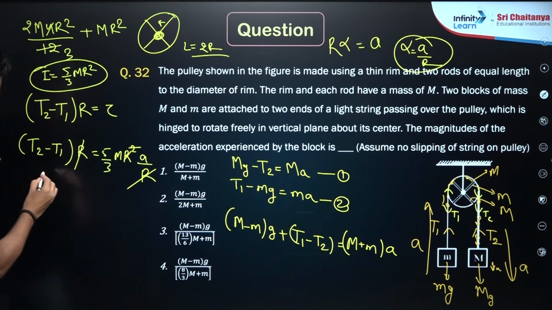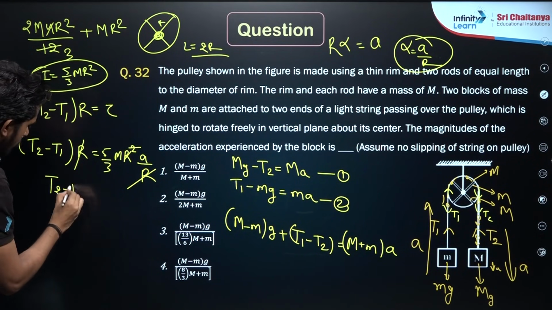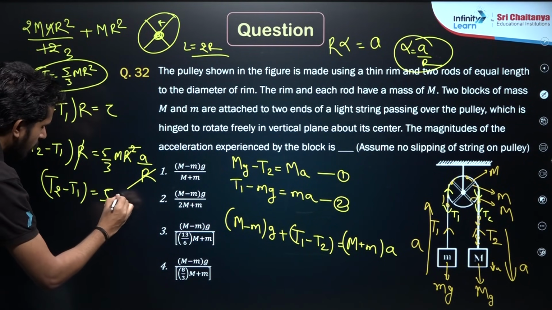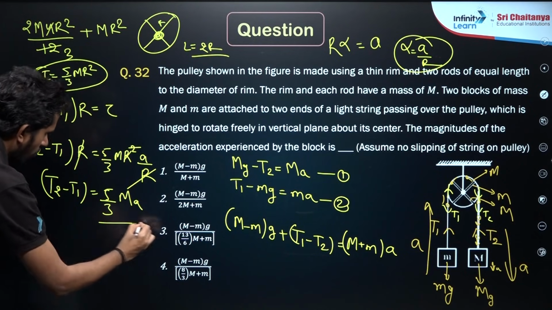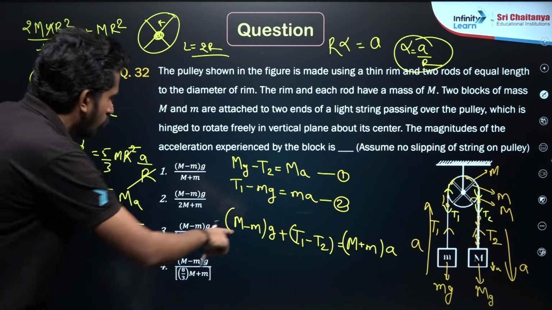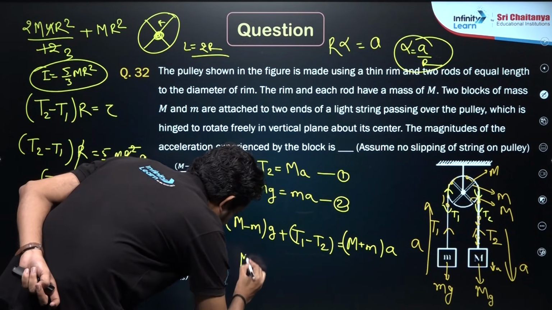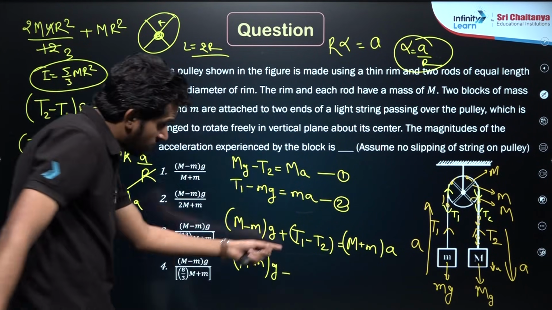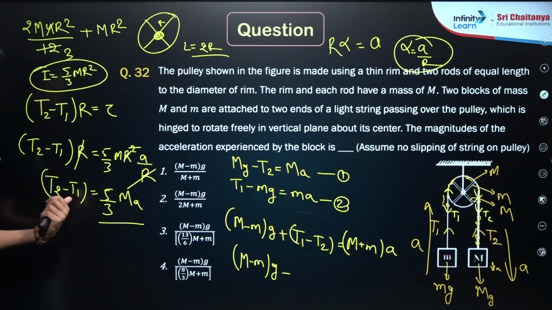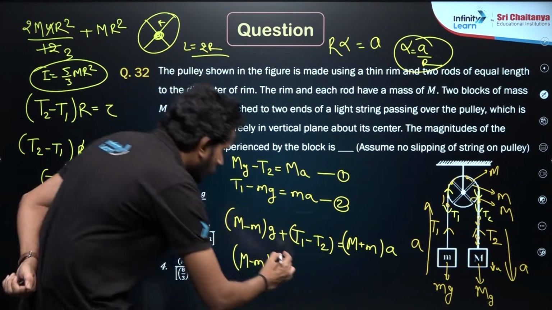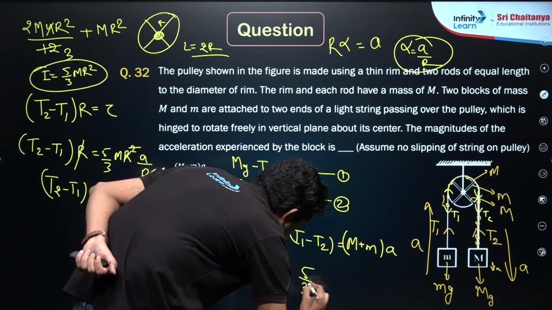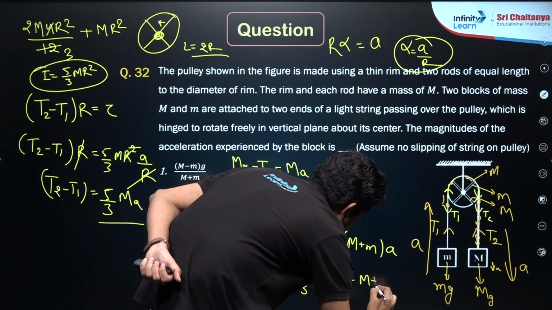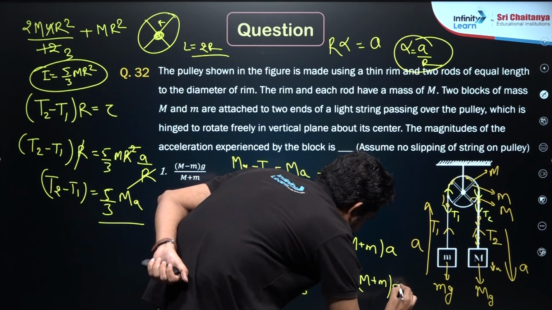So now we have that T2 minus T1 value, 5 by 3 m A. And that's what you needed: capital M minus small m g, that is T1 minus T2. But that value is T2 minus T1. So minus 5 by 3 M A equals (M plus m) A.